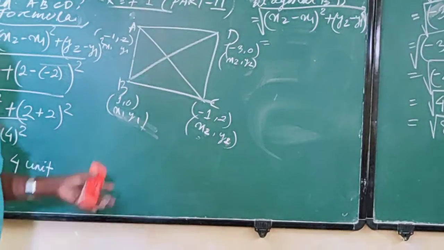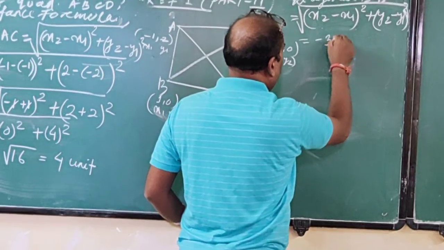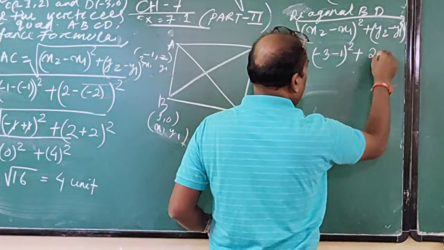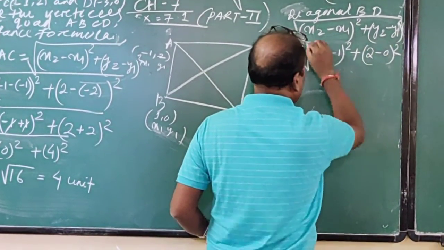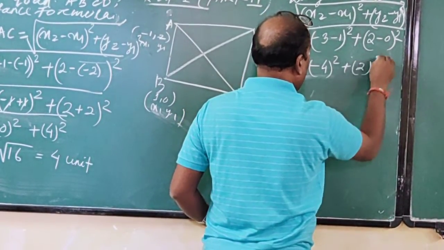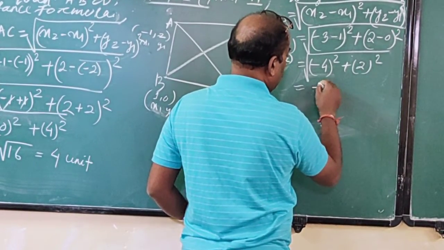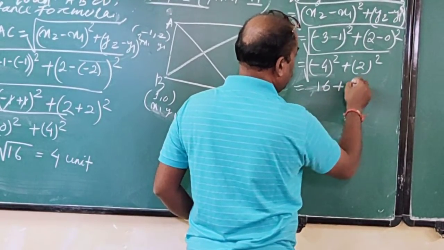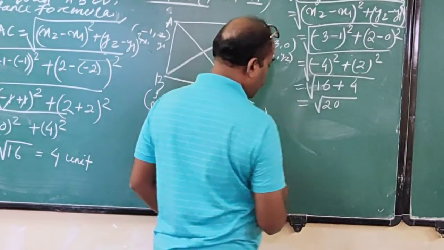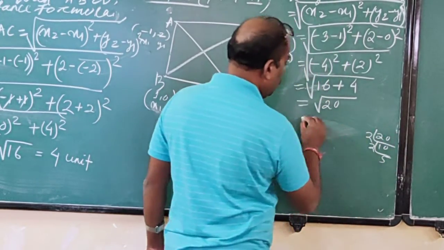So x2 minus x1, minus 3 minus 1, whole square, plus y2 minus y1, 2 minus 0, whole square, under root, equal to minus 4 whole square plus 2 whole square, under root. Minus 4 whole square is 16, plus 2 whole square is 4, under root equal to root 20. If we factorize, 20 is 10 times 2, giving 2 root 5.